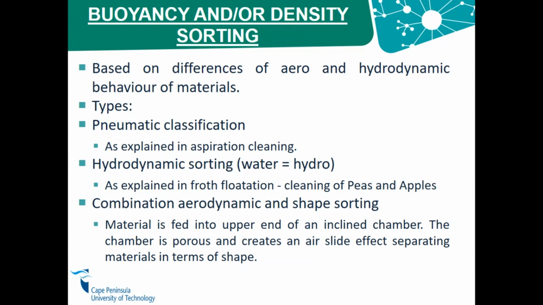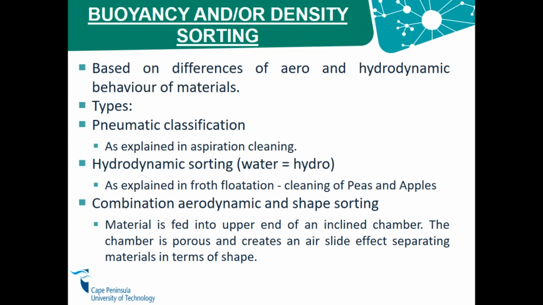So the combination of aerodynamic and shape sorting, for example where the material is fed on the upper end of an inclined chamber and the chamber is porous and creates an air slide effect, separates materials in terms of the shape. So I want to pause here now so that you can reflect on these techniques that we have learned.